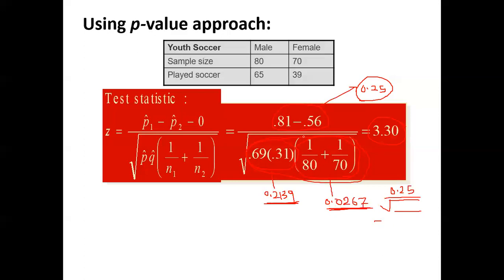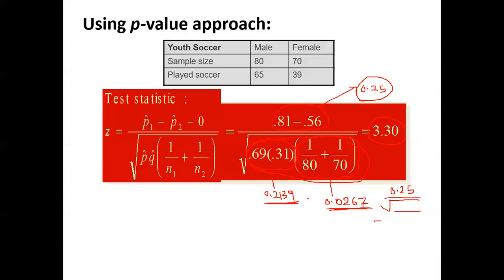Okay, the first step, you must get the above value, then you get 0.25. And then the second step, you must get the value of 0.69 times 0.31. And then you must get the value of 1 divided by 80 plus 1 divided by 70.